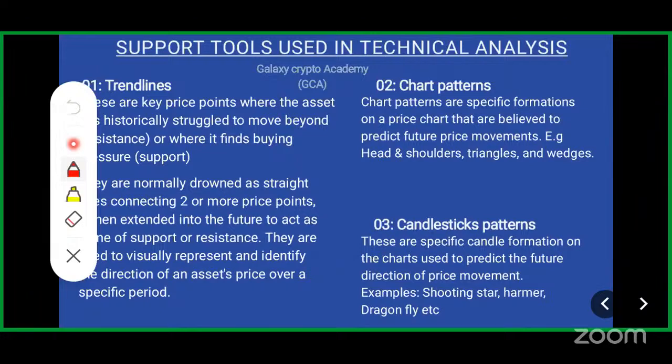And I said on that very day that it's up to you to choose a strategy that you're going to be employing to analyze the market. We just give the information, then you decide on which strategy to choose or which tools to use. But there are about 6 tools that can support your analysis.